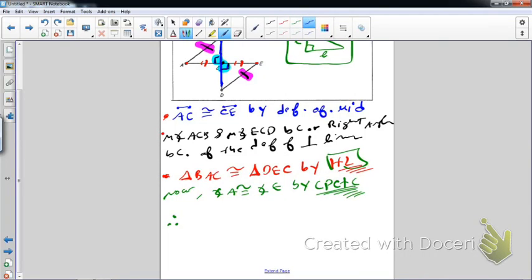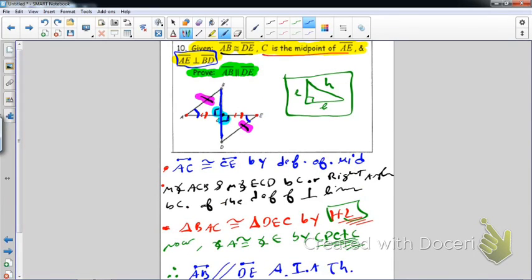Now I can say that line segment AB is parallel to line segment DE. And how do I know that? We also have alternate interior angles, right? That's the theorem that we talked about. So alternate interior angles that we have, this one here and then this one here, from the previous step that we just talked about.